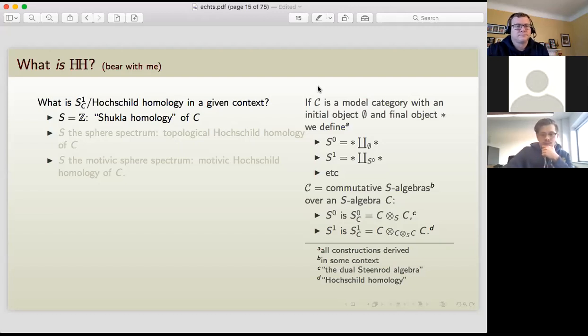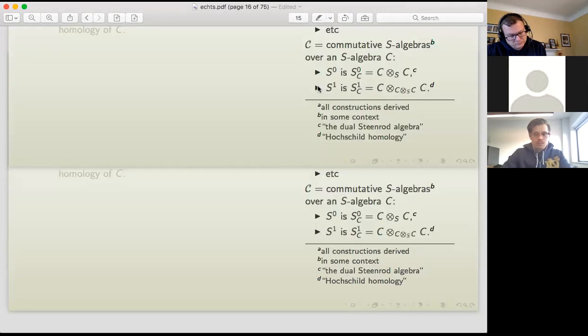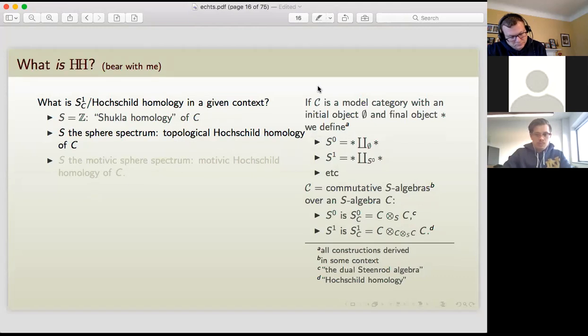This is a classical algebraic construction which is useful for many purposes, but perhaps most of the people listening to this right now are more interested in the case where S is the sphere spectrum. And then Hochschild homology is what's called topological Hochschild homology as devised by Bökstedt. But it is just the 1 sphere in the category of commutative S algebras over C.